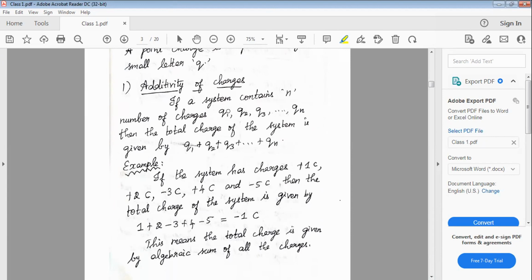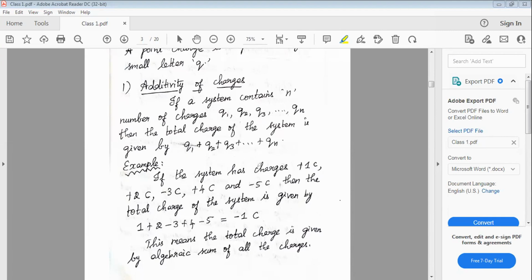When you have a system with n number of charges, here you can see a system consisting of charges q1, q2, q3 and qn, then the total charge of the system is given by q1 plus q2 plus q3 up to qn. That means you have to add all the charges algebraically, considering the sign of the charges as well.